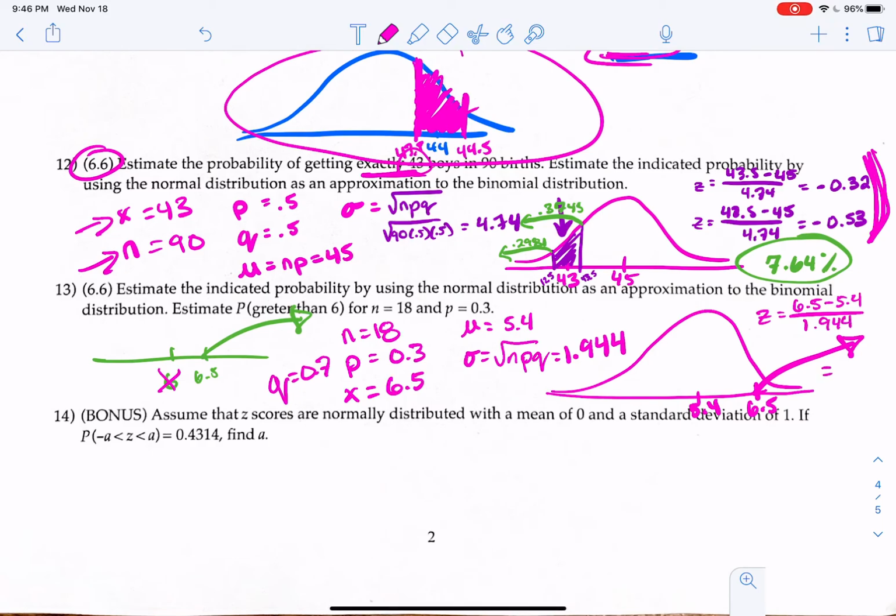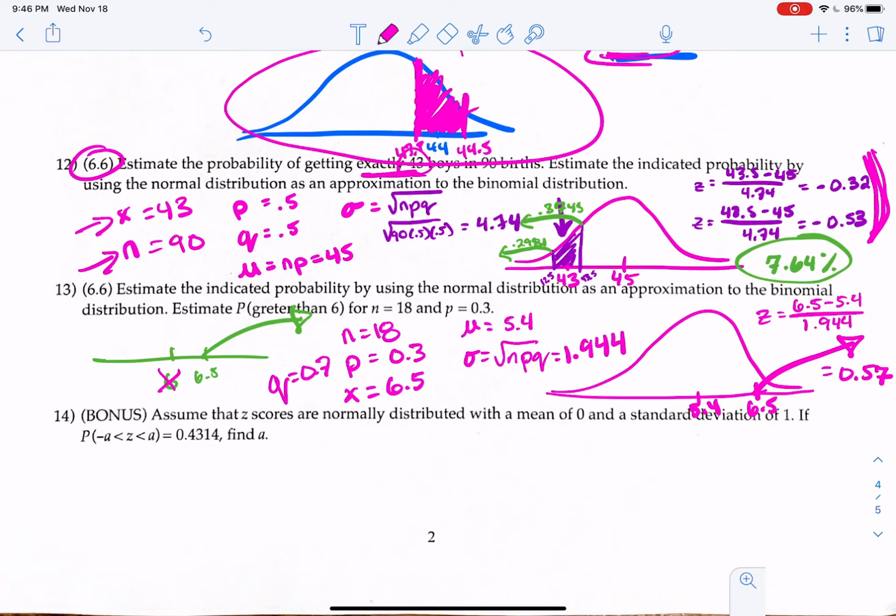Maybe you rounded to just 1.94 rather than 3 decimal places. So we might get just an ever so slightly different number, but that's okay. 6.5 minus 5.4, I could have done that in my head, divided by 1.944, and I get a z-score of 0.57 is what it's close to.